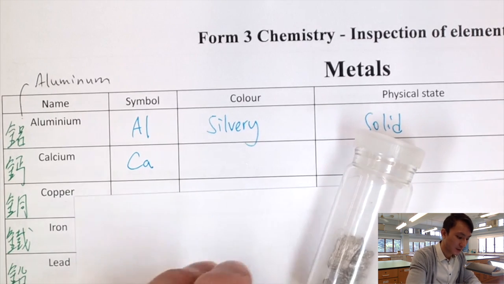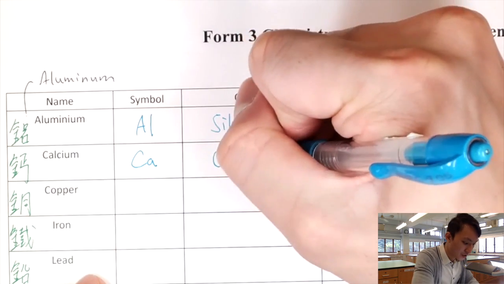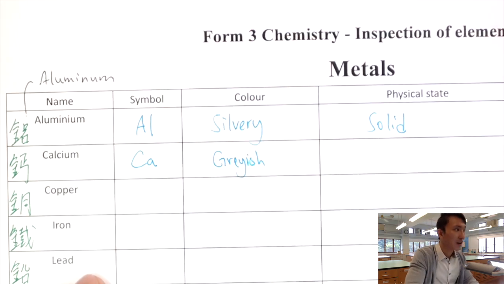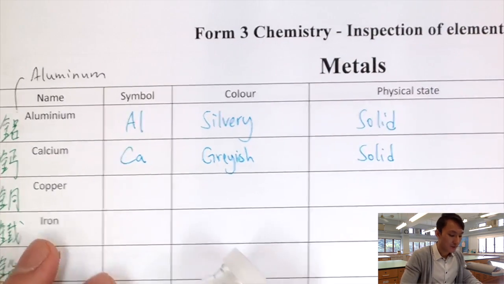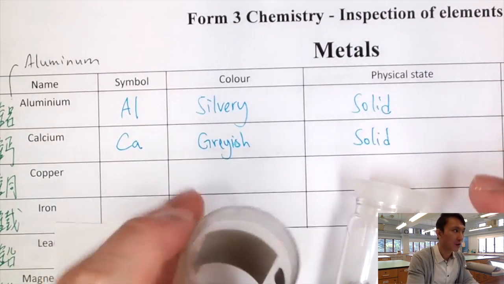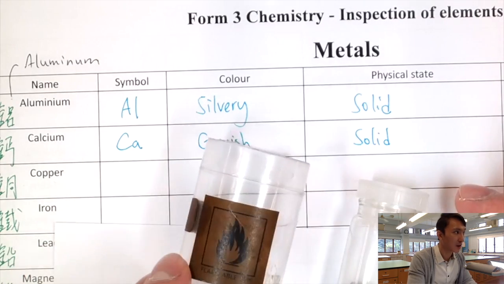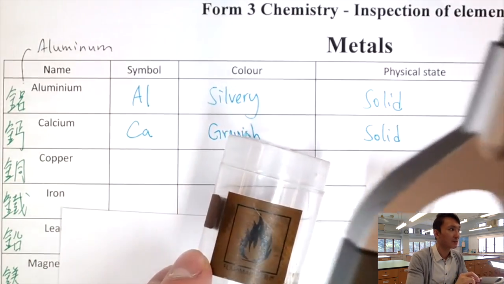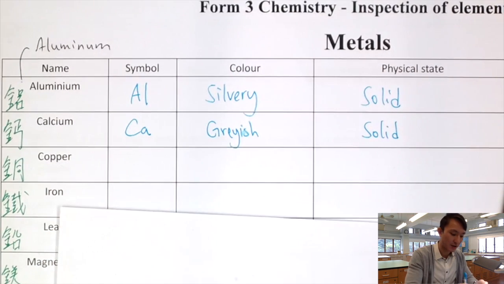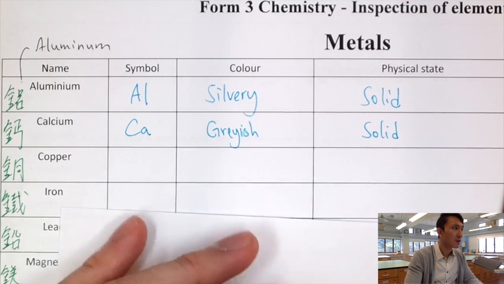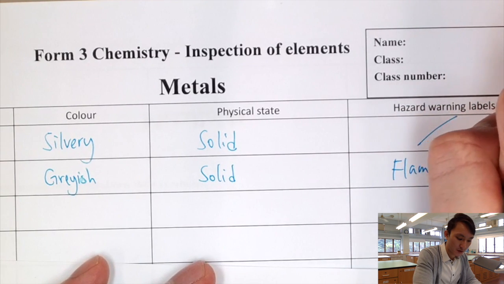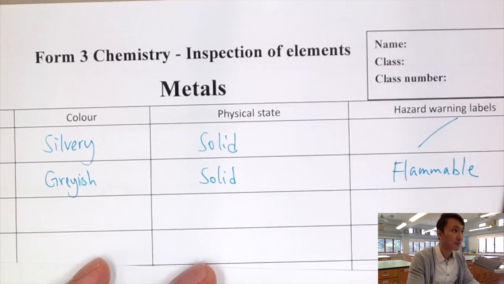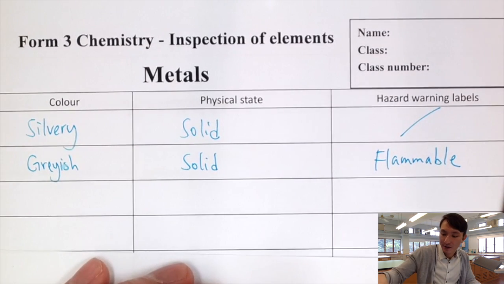So let's put it down, grayish. And obviously it is a solid. Are there any hazard warning labels? If you turn it over to here, we say that calcium is a flammable metal. So let's put it down, flammable. That means it can catch on fire easily.